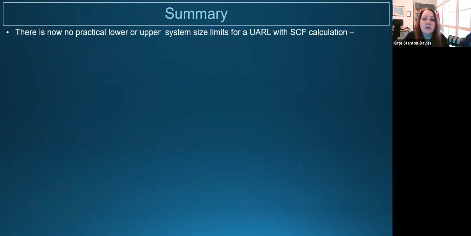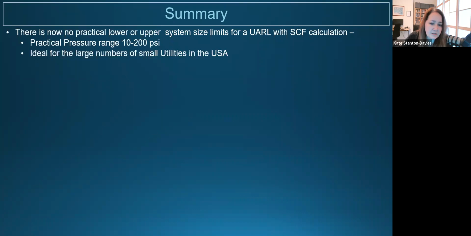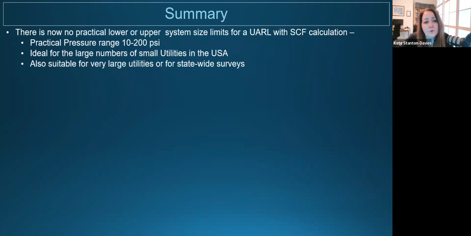So in summary, there is no practical lower or upper size limit for a UARL with SCF calculation. We're seeing calculations within practical pressure ranges of 10 to 200 PSI. Great for small utilities, also very suitable for calculations, as we've seen, for large utilities such as Sydney Water, and for statewide surveys such as the one you saw for Quebec province.